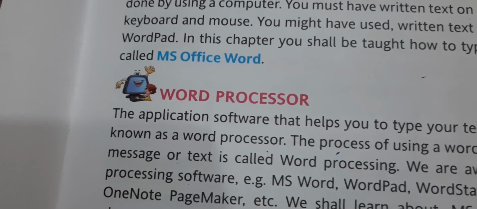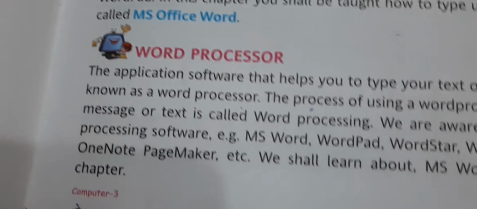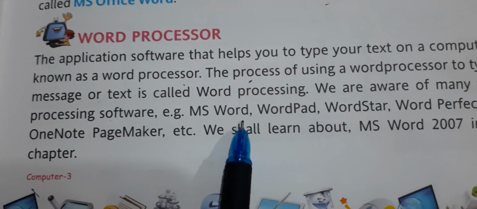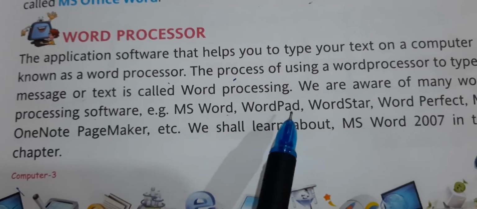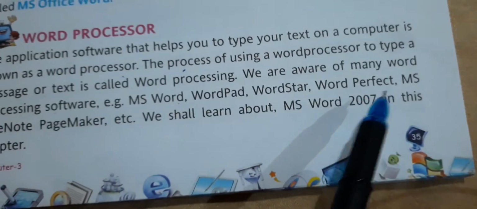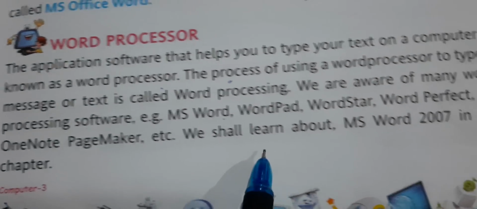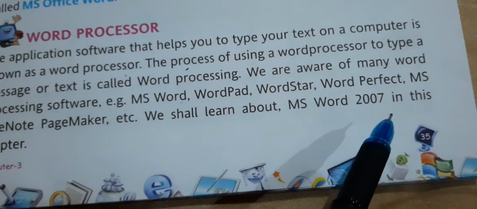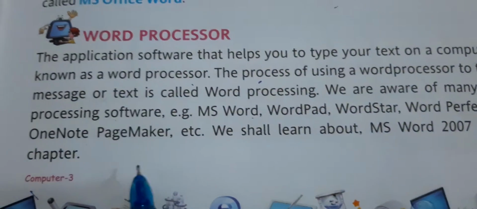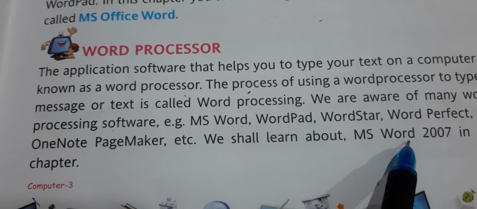Same way, there are various word processors and people can use them as per their choice. So the various word processors are MS Word, WordPad, WordStar, Word Perfect, MS OneNote, PageMaker, etc. We shall learn about MS Word 2007 in this chapter. In this chapter, we will learn about this word processor. Okay, children?